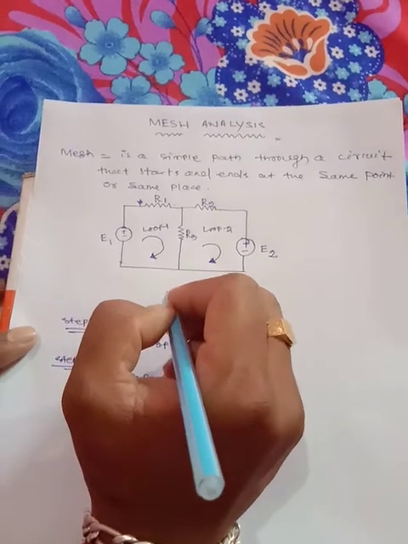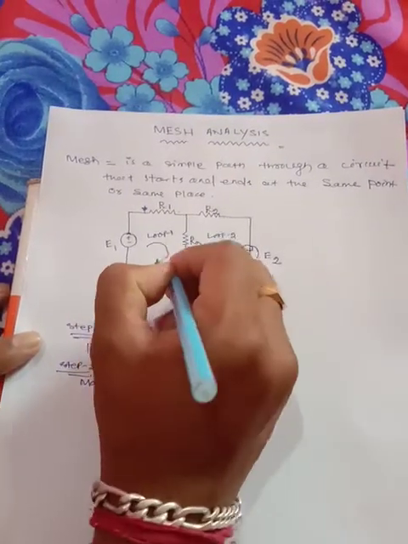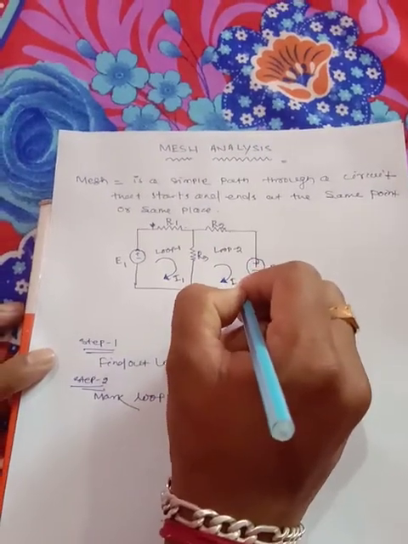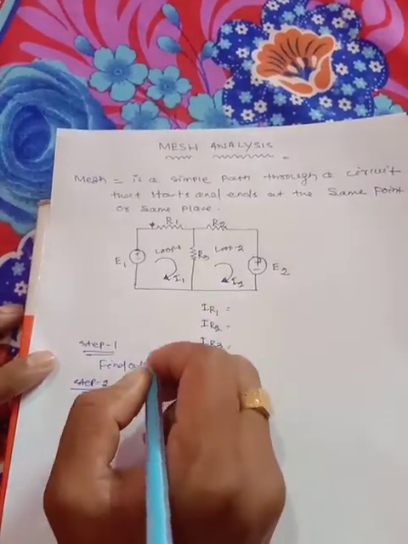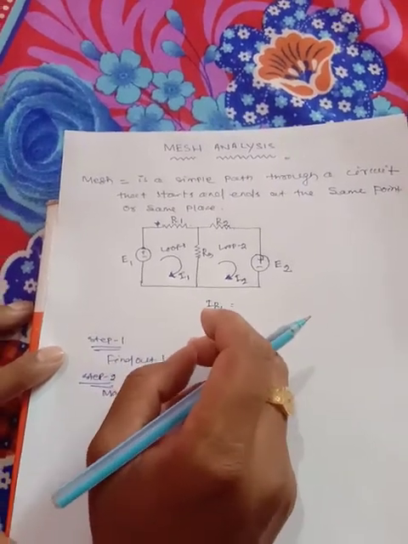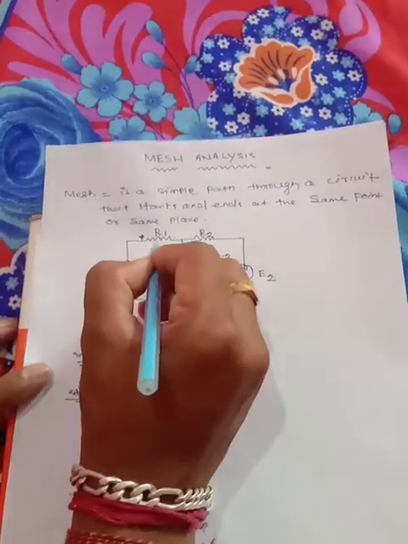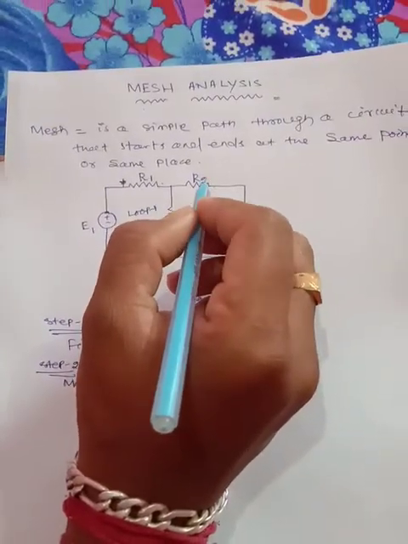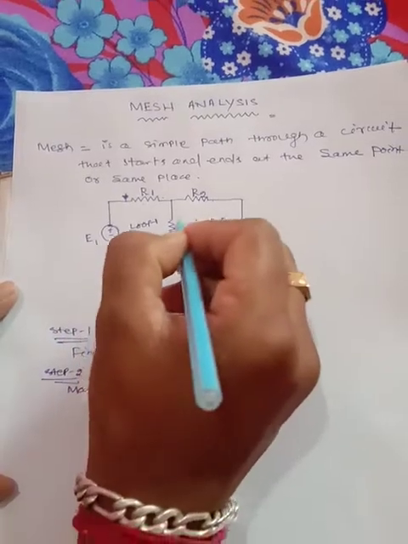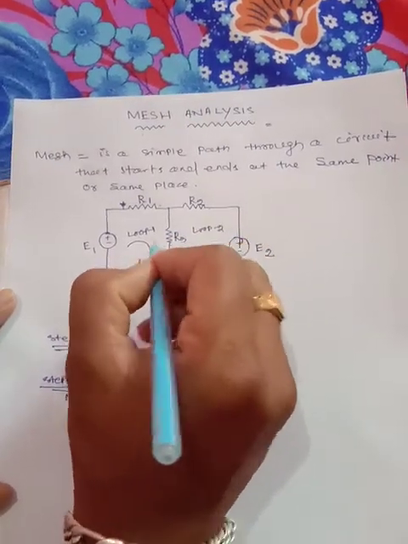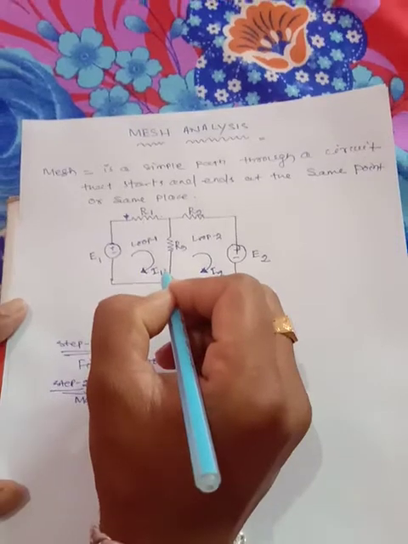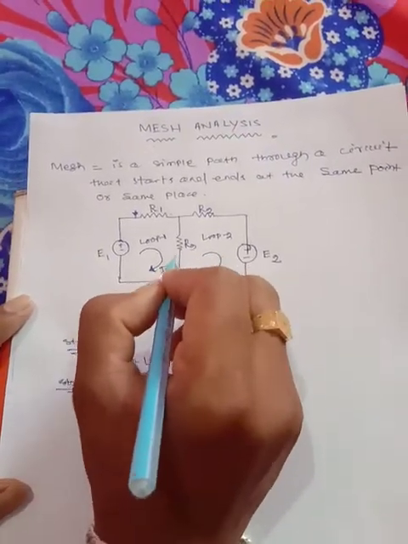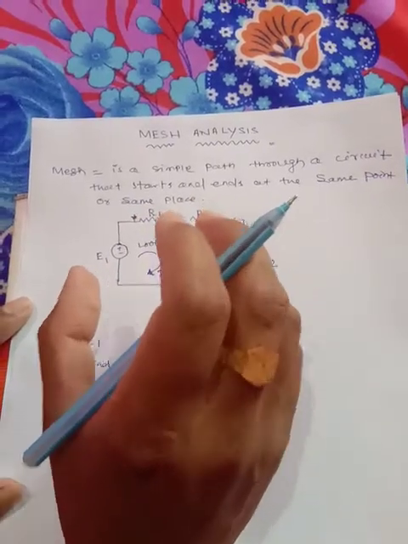So this will be I1 and this will be I2. Based on the direction of the marked currents, mark the voltage drops across the resistances R1, R2 and R3. R3 is a common resistance between loop 1 and loop 2, so obviously it has two voltage drops.